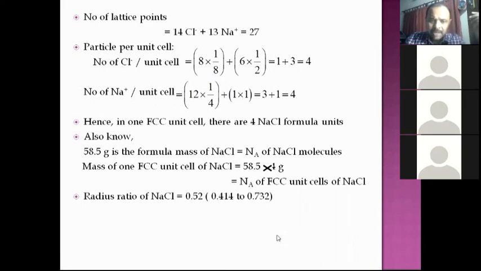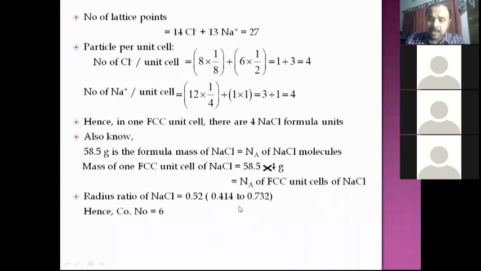Now let us comment on the radius ratio in case of NaCl. The radius ratio of NaCl is 0.52. What is radius ratio? Radius of cation to anion. So the radius of cation Na+ divided by the radius of anion Cl- amounts to 0.52, which lies in the radius ratio range 0.414 to 0.732. You have to remember the table I gave last class.